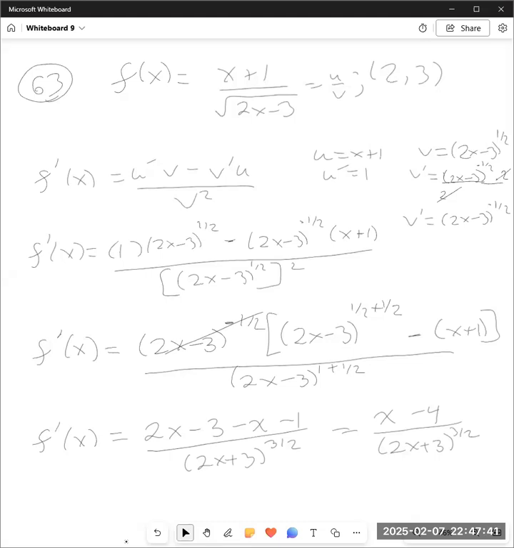Now we need to stick 2 in to f prime. You get 2 minus 4 over (2 times 2 plus 3) to the 3 halves, which is a negative 2 over (4 plus 3), 7 to the 3 halves power.